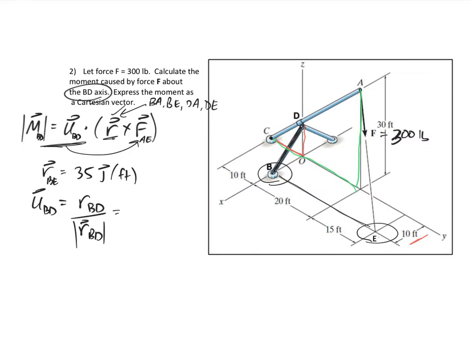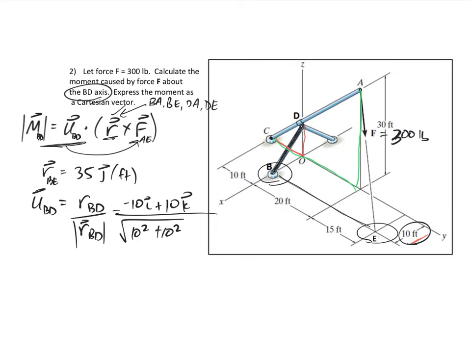So RBD is how far does it go in the x direction? It goes back 10, right? Negative 10I. How far does it go in J? It doesn't. How far does it go in K? It goes up 10K. So that is my R divided by the magnitude of that, square root.